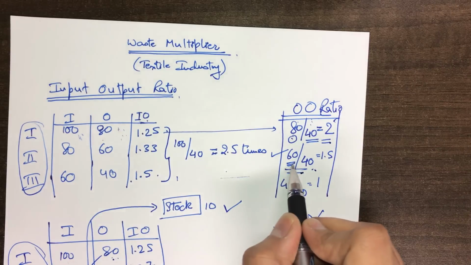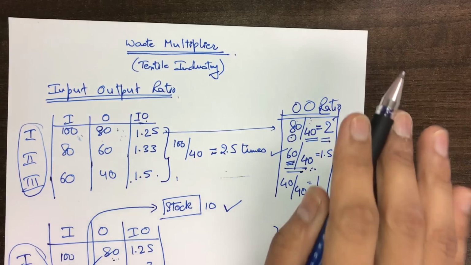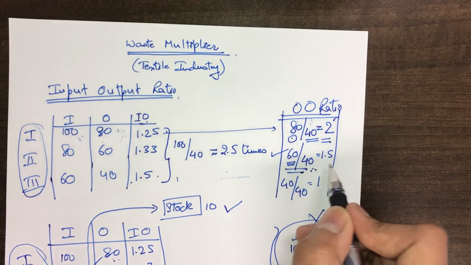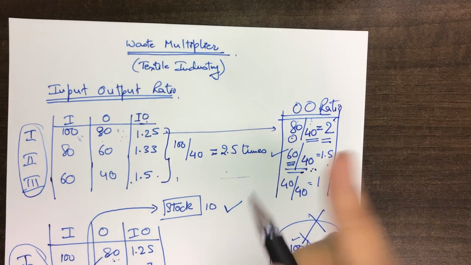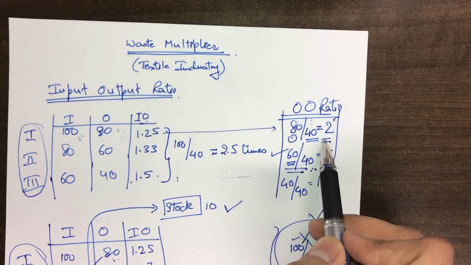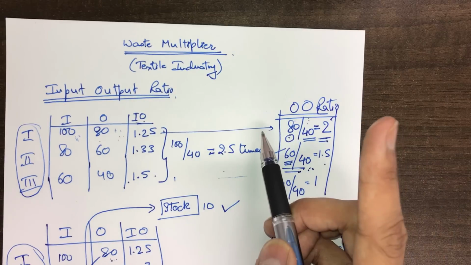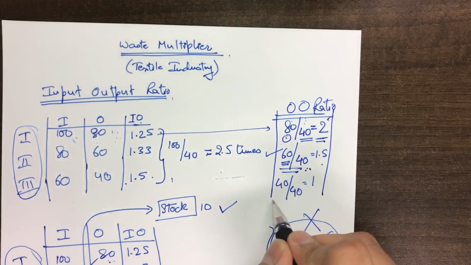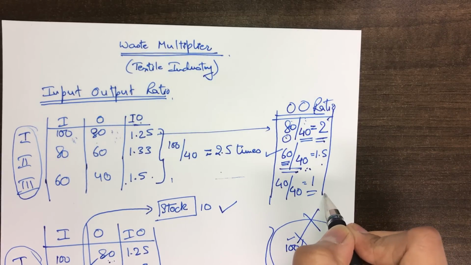So 60 is the output of second process, 40 is the output of the last process. So this implies that we need 1.5 output from the second process to get 1 output of the third process. We need 2 output from the first process to get 1 output from the third process. And of course, in the third process, it will always remain 1 because output remains the same.